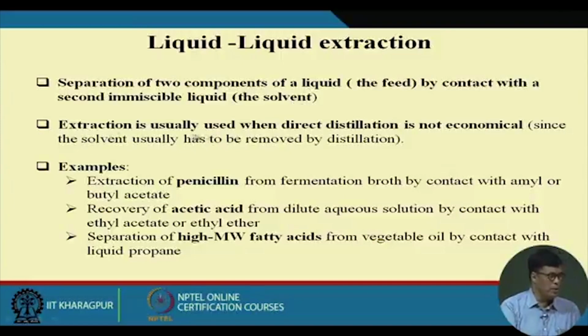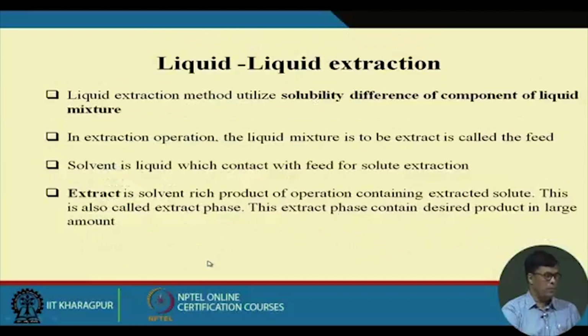The extraction is usually used when direct distillation is not economical. The examples are extraction of penicillin from fermentation broth by contacting with amyl or butyl acetate, recovery of acetic acid from dilute aqueous solution by contact with ethyl acetate or ethyl ether, and separation of high molecular weight fatty acid from vegetable oil by contacting with liquid propane.